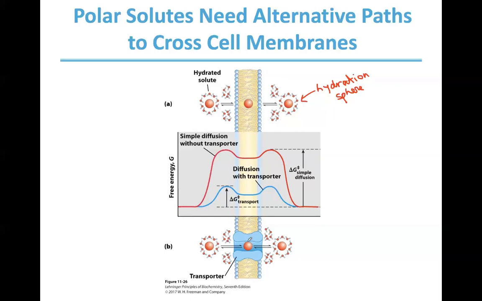Hydrogen bond acceptors and donors, and that will grab the molecule and drag it, or the molecule will go by itself because of the concentration gradient, and will come out on the other side and regain the hydration sphere. So this is simple diffusion, and this is facilitated diffusion.